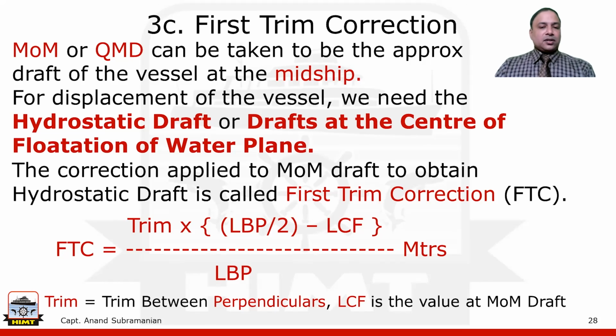From the stability particulars, we can take it out and we can get it. So again, the first trim correction is trim multiplied by half of LBP minus LCF, whole divided by LBP, and the value we get is in meters. Again, the trim is the trim between the perpendiculars. LBP is already given for us, and LCF is the value at the mean of mean drafts.